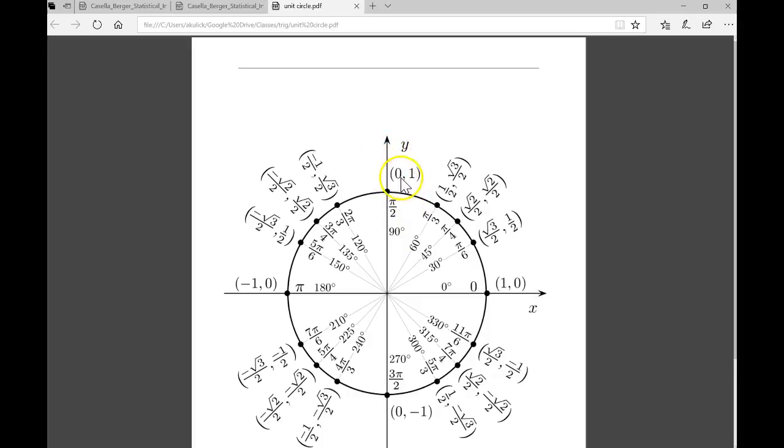X. So I go and find the places where x is 0. That happens at pi over 2, and if I go around, x is 0 again here at 3 pi over 2. So if I want to do cosine inverse of 1, I'm going to look for where the x coordinate is 1. That happens here at 0, and then if I follow it around, it doesn't happen again until I go a full time around at 2 pi. Okay with that, Julia?